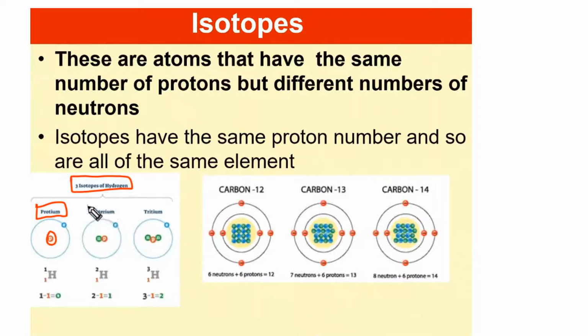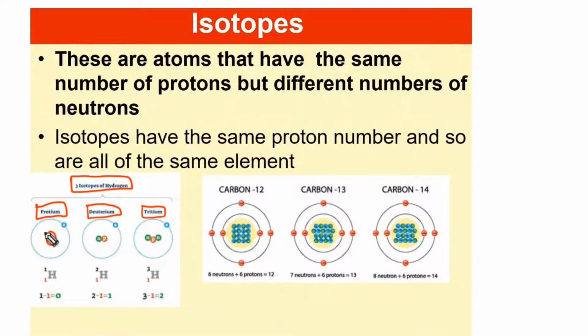And if you look at deuterium, you can see it has 1 neutron, 1 proton. So its proton number is 1 and its mass number is 2. Now if you look at the next one, tritium, you can see here it has 2 neutrons and 1 proton. So its proton number is 1, but its mass number is 3.